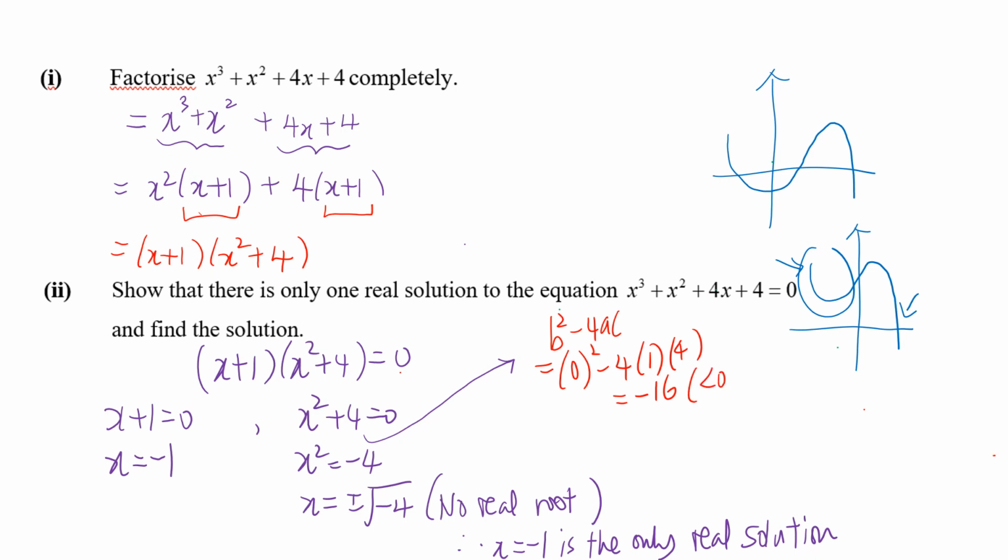Negative 16 is less than 0, right? So then you explain that since b squared minus 4ac is less than 0, x squared plus 4 equals 0 has no real roots. So therefore, x equals negative 1 is the only real solution. That's another way of doing it lah.